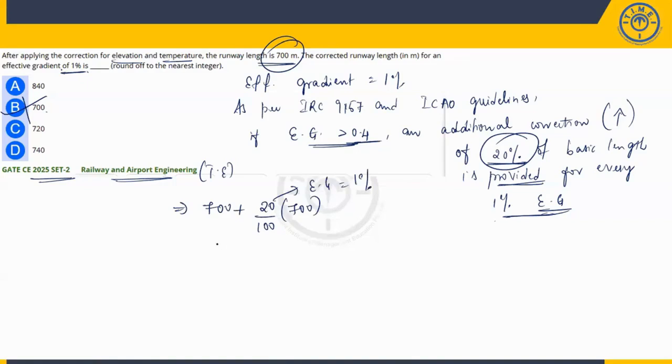Very good, Ashika. That is 840 meter. Suppose the effective gradient is 2%, how much do you need to add? 2 into 20 by 100, that is 2 into 20%, 40%. 40 by 100 into 700, like that.